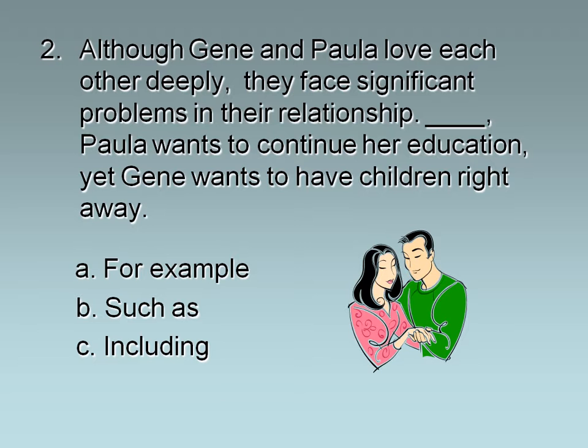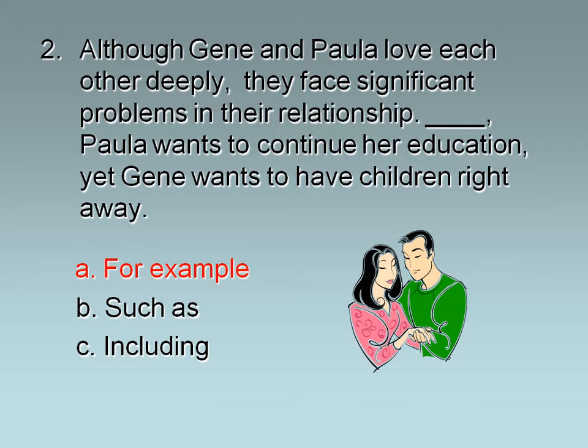Read the second sentence and choose the example transition that will best complete it. Which transition did you choose? Click to see the correct answer. Compare your answer to the answer shown.